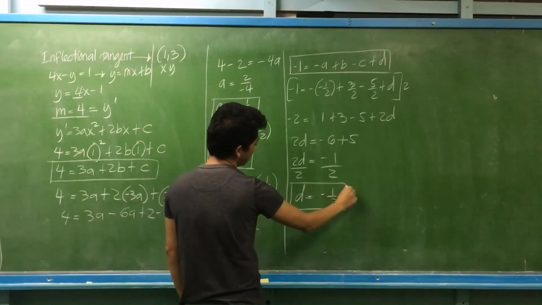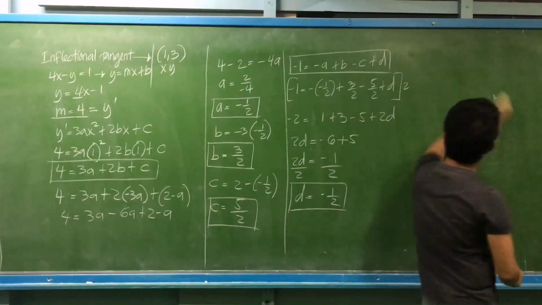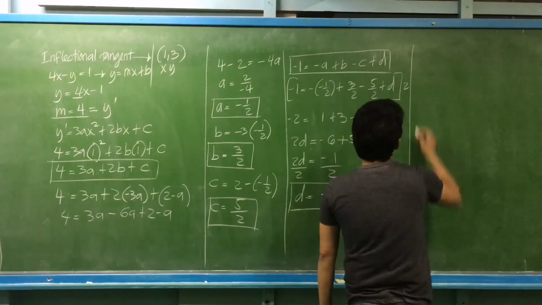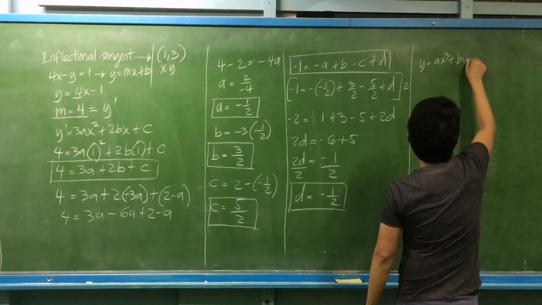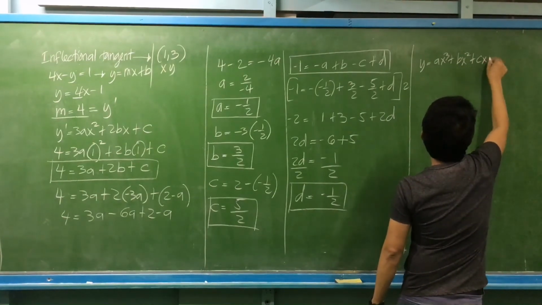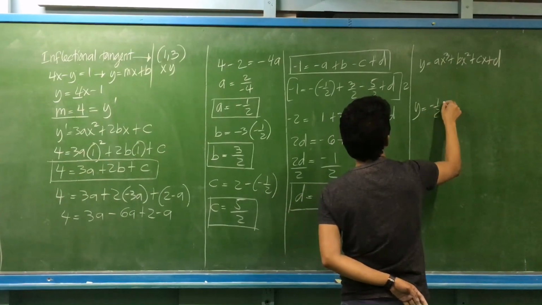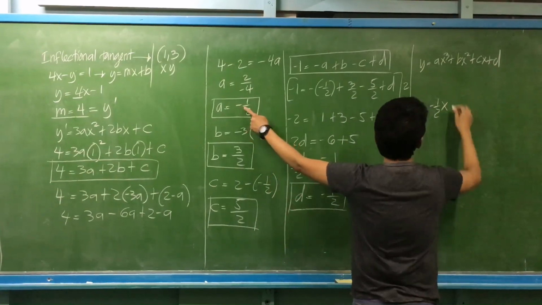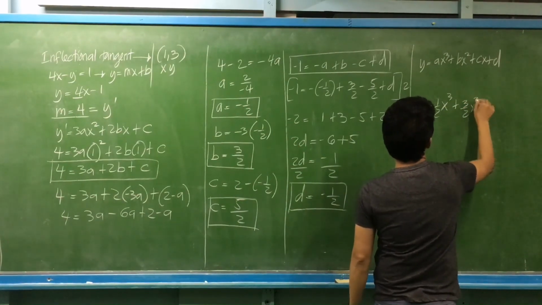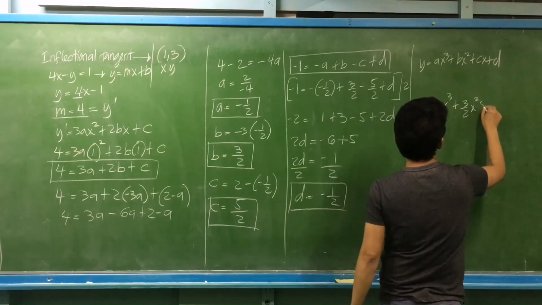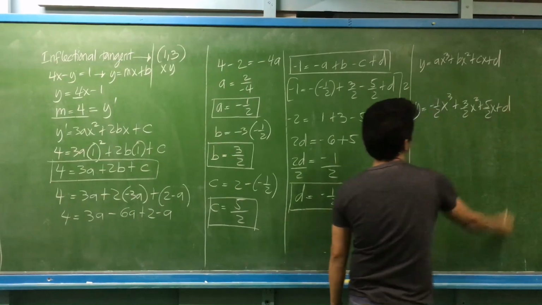So we now have complete values of a, b, c, and d. To complete the equation of the curve, y is equal to ax cubed plus bx squared plus cx plus d. We have y equal to negative 1 half x cubed plus the value of b, 3 over 2 x squared, plus the value of c, positive 5 over 2 x, plus d.